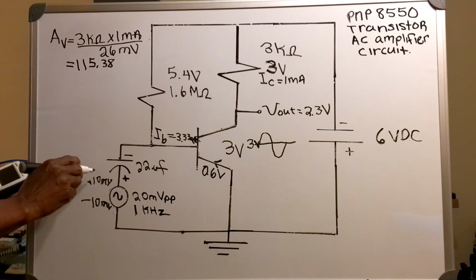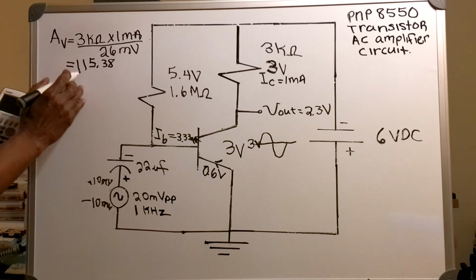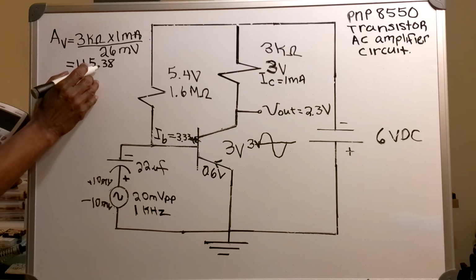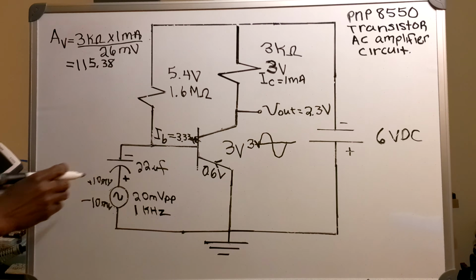So now what I'm going to do is I'm going to multiply 115.38 and I'm going to multiply it by 10 millivolts.